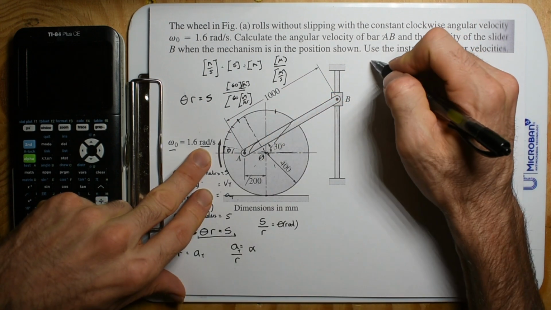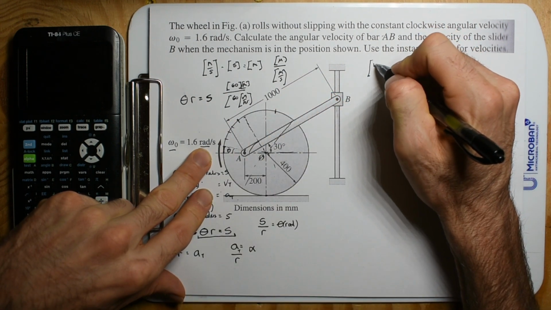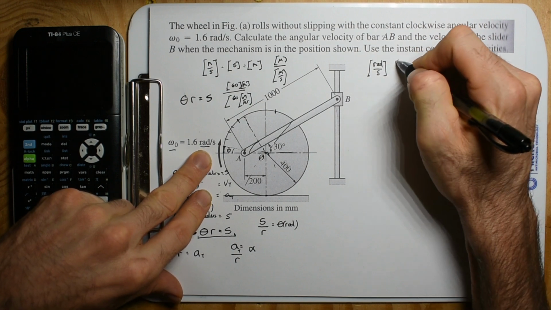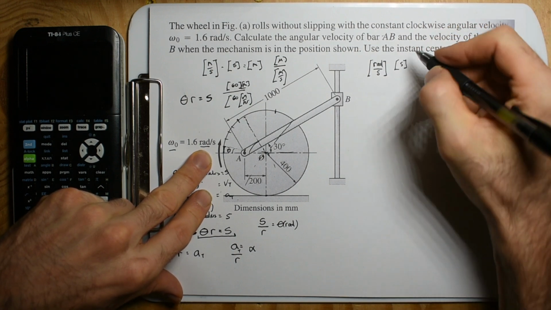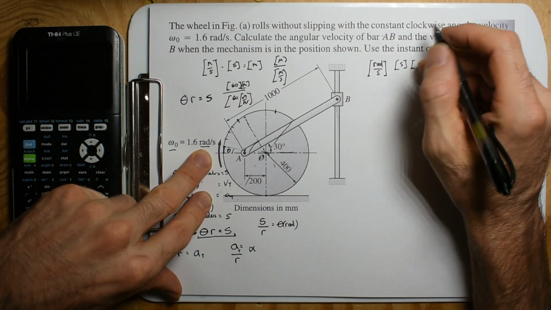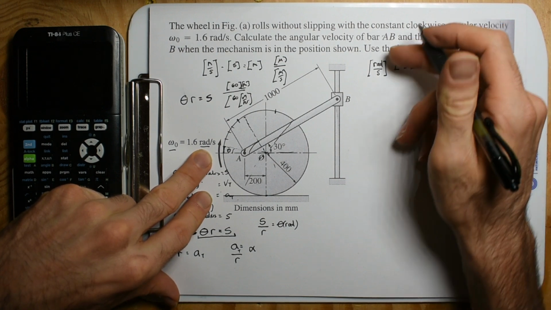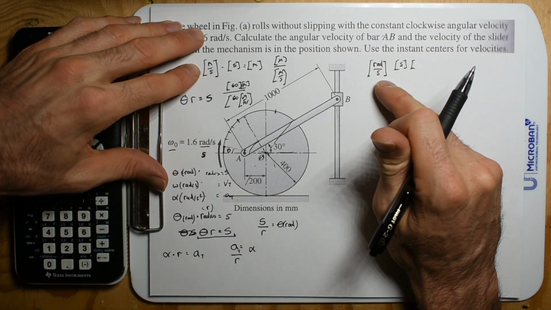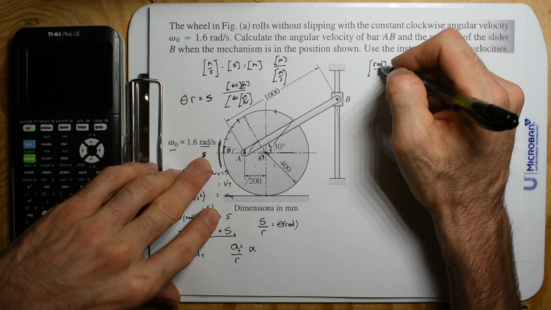So if we go back to here, what do we have? We have radians per second, so a unit of time, and then probably a unit of distance. Radians per second, how would that work? Oh, because radians is dimensionless.